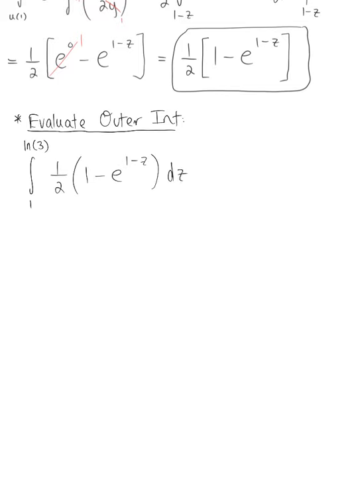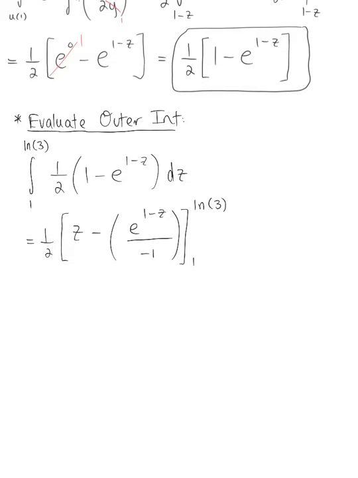And everything here is a general antiderivative. So this integrates to 1/2 multiplied by z minus the natural exponential raised to the 1 minus z divided by -1. And we evaluate from 1 to the natural log of 3.